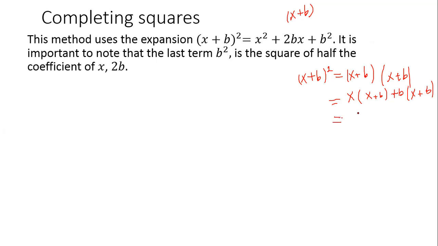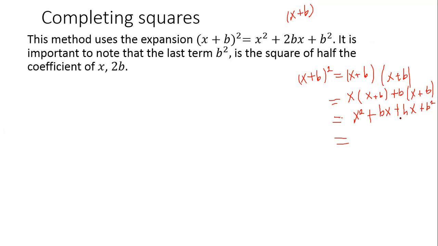So x times x would give us x squared. Okay, x times b, and write it as bx, b times x, bx, and b times b becomes b to power 2.